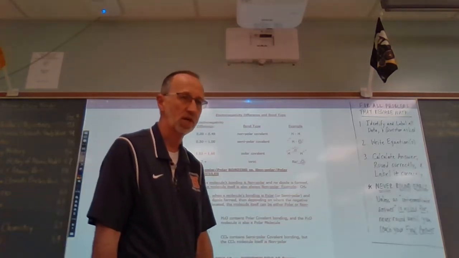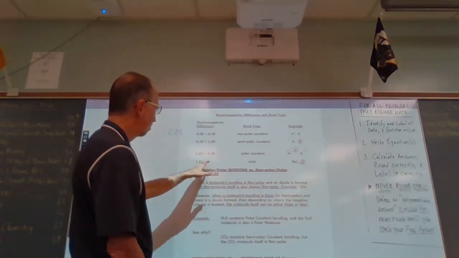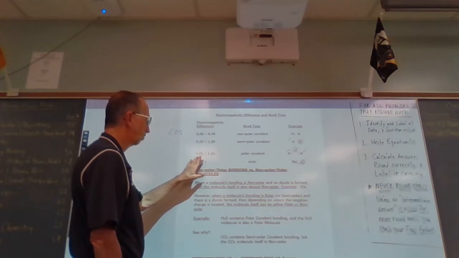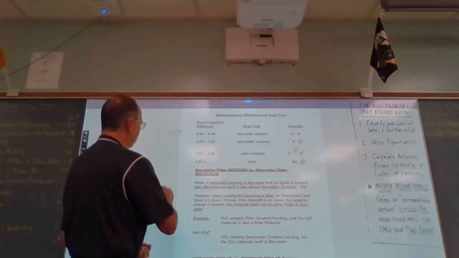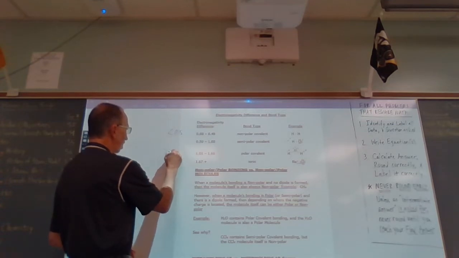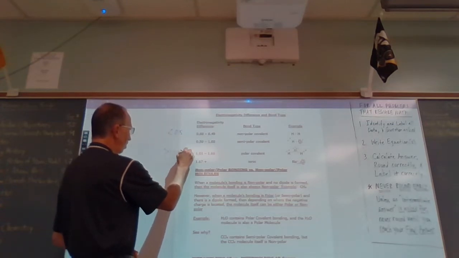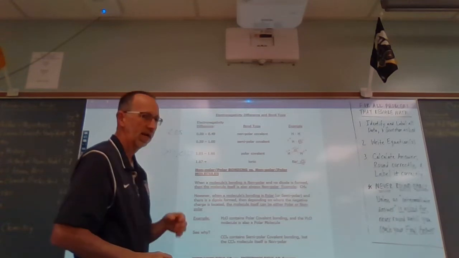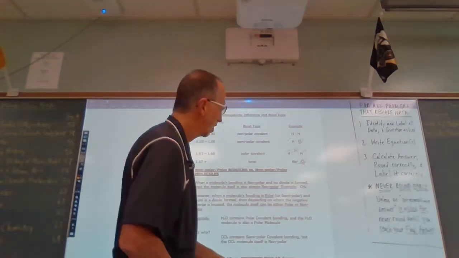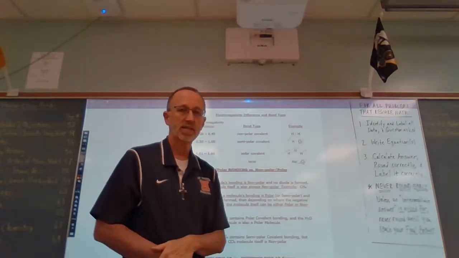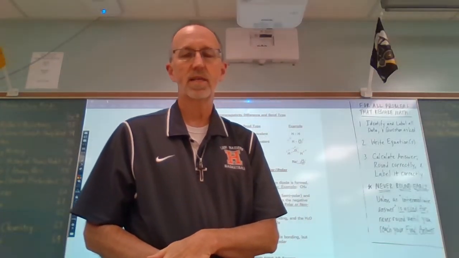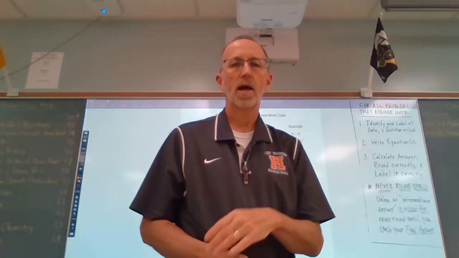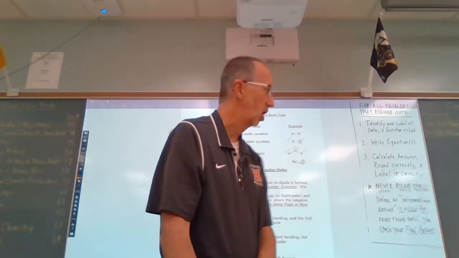Again, not fully charged like an ionic compound. If the electronegativity difference is greater than 1, but less than 1.67, then it's polar, all right? So now we have the establishment of significantly more partially positive and negative charge.